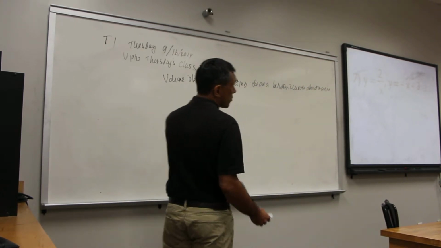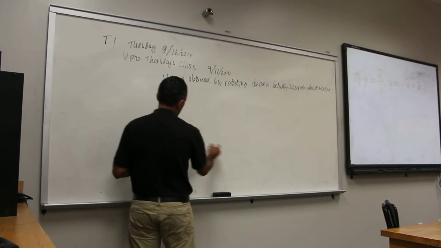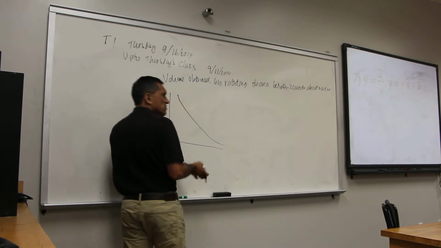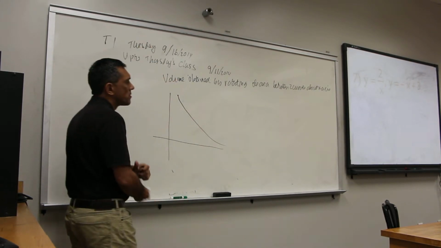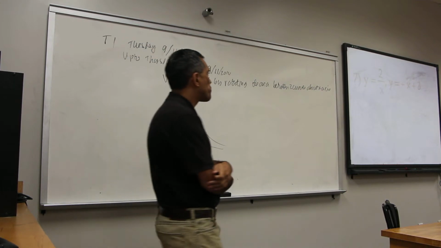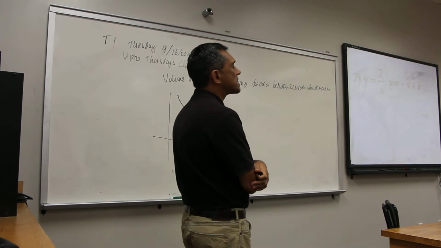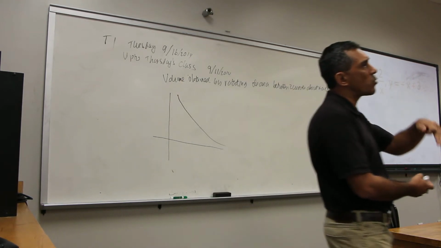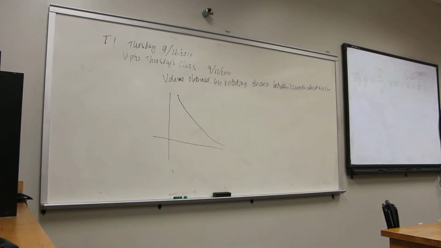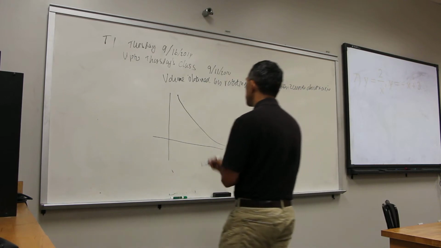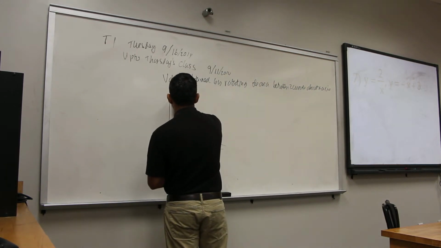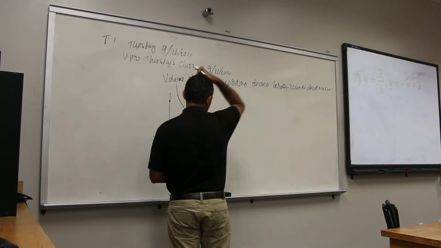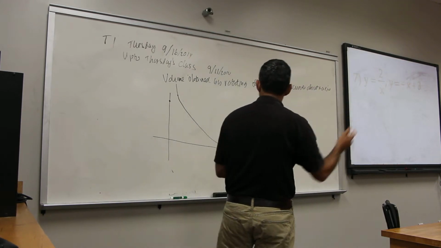You're looking at the curve y equals 2 over x, which is like 1 over x. And then y equals negative x plus 3, which is a line with a slope of negative 1 with a y-intercept of 3. X-intercept.